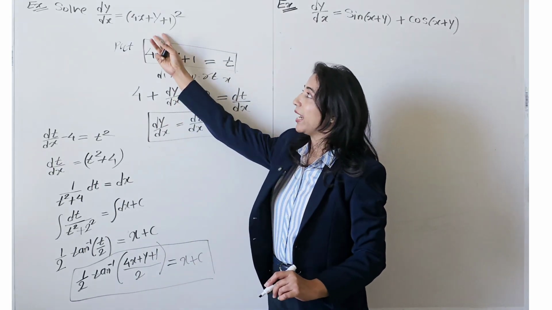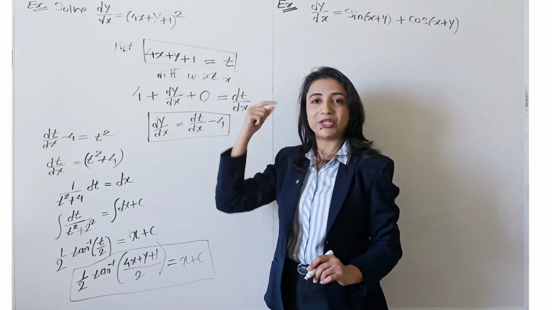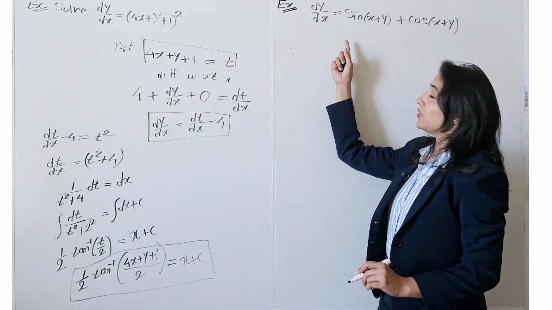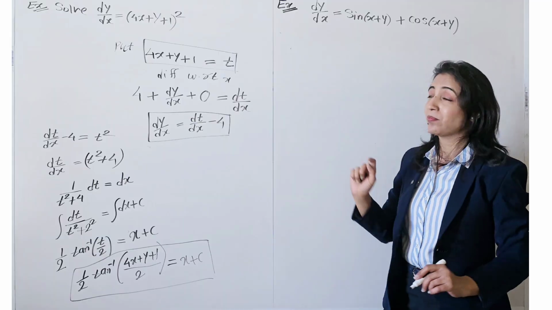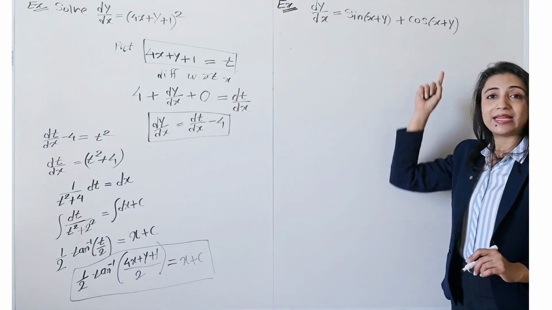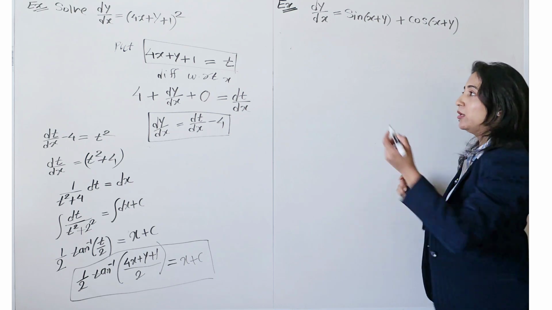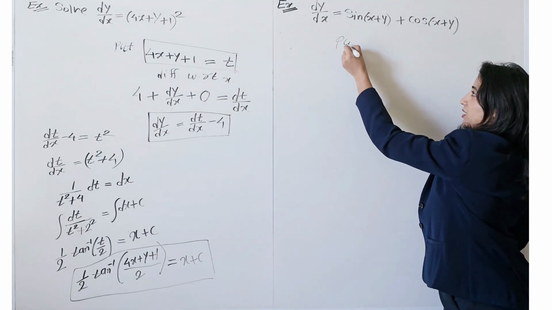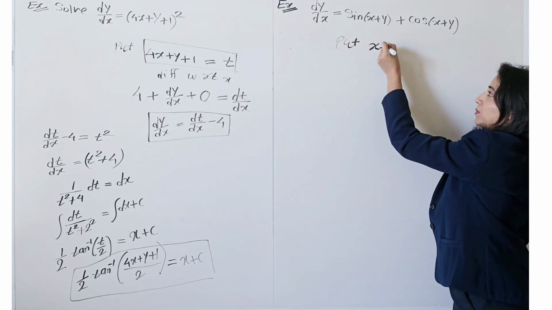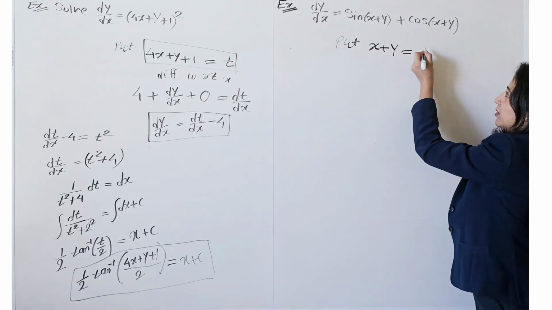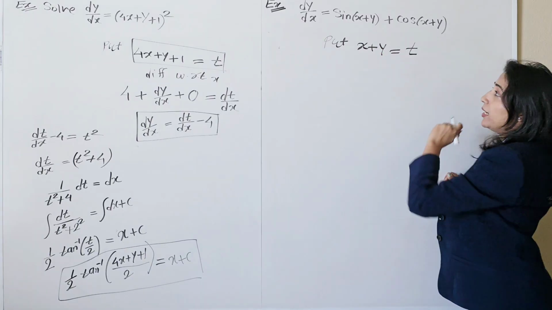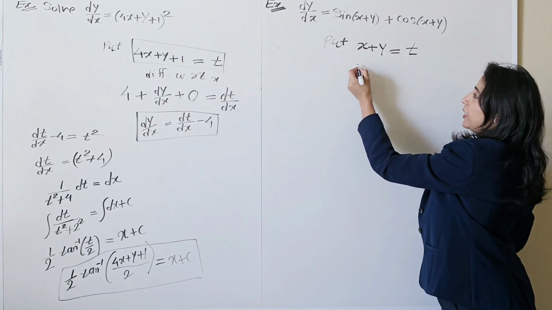So simply, the bracket term you have to consider as a new variable t. Now see the solution of the next question. Here the same bracket is x plus y. That means you have to put x plus y as a new variable. You can consider any variable, it's just a notation. So I will consider x plus y as a new variable t for understanding. Now differentiate throughout with respect to x.